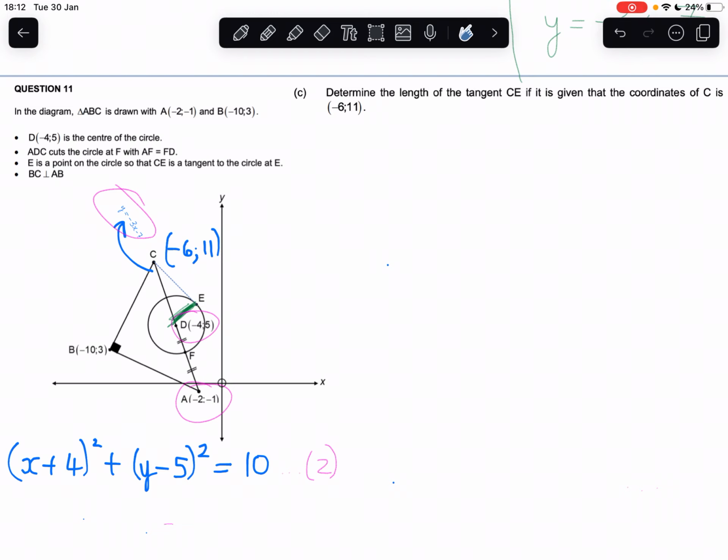Okay, let's put on real brains now. How are we gonna find E? What are you gonna do?